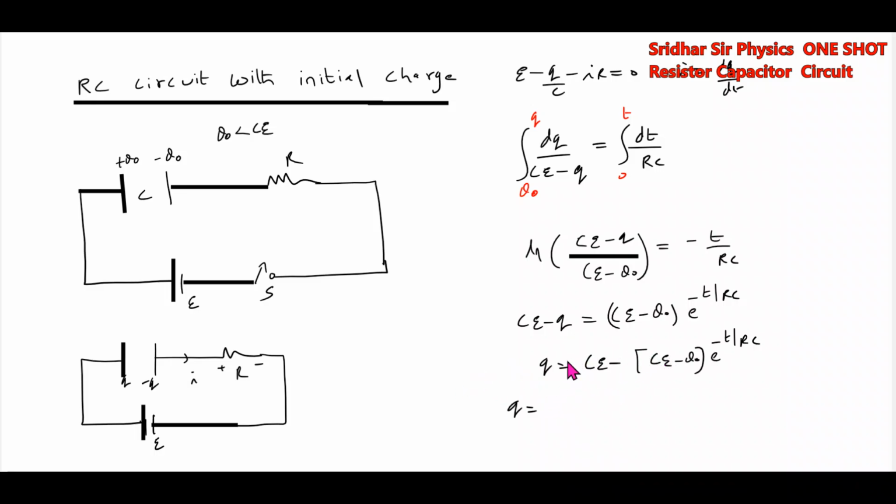If initial charge is present, this is a basic method you have to apply. Put t equals 0, then what is the charge? Charge will be Q naught. After a long time, what will be the charge? It will become equal to CE only. What is the steady state charge? This is a steady state charge. This is an RC circuit with initial charge.